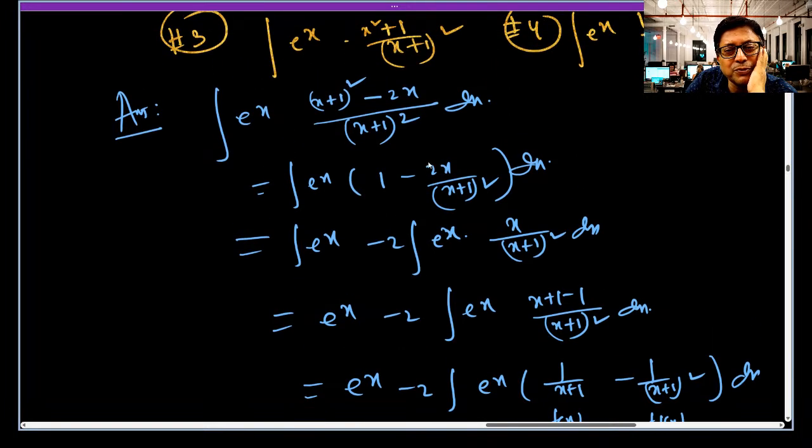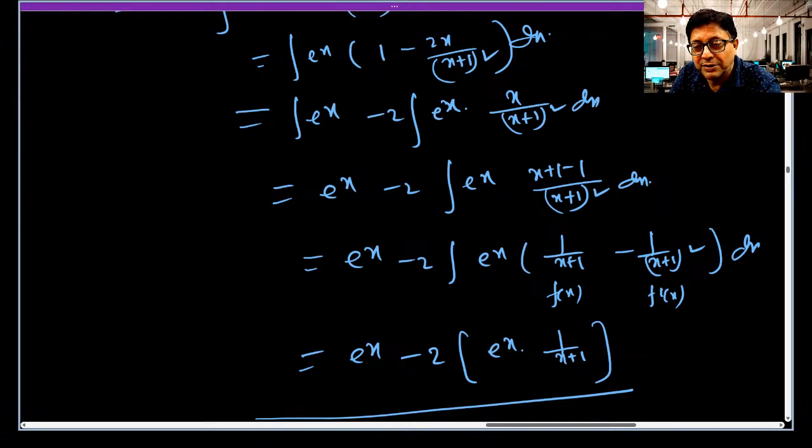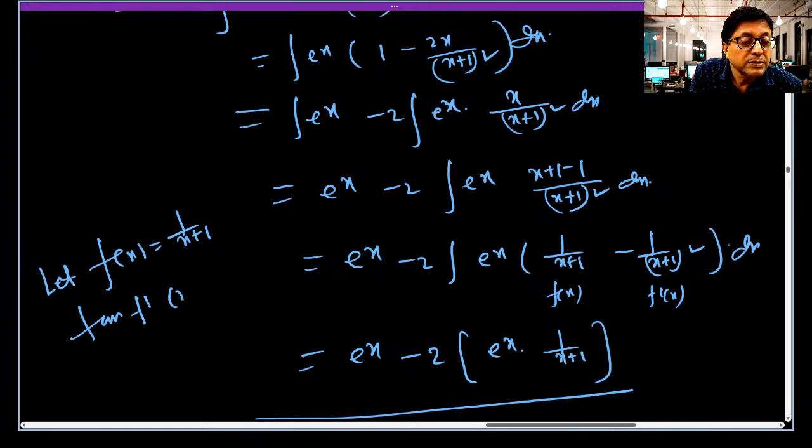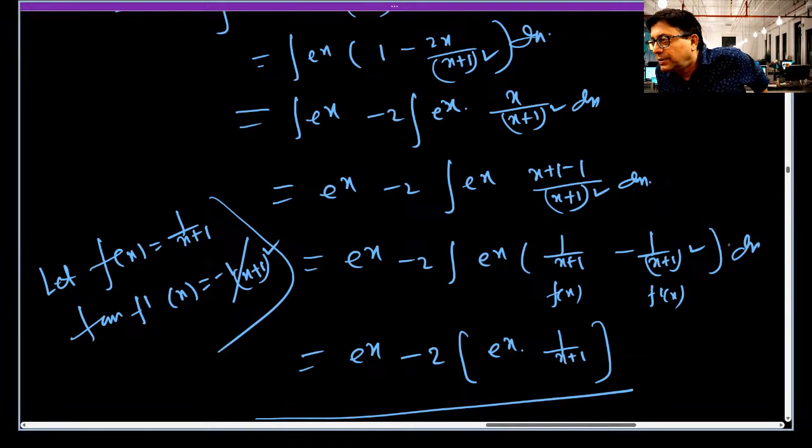Split this one as sum of two integrands, minus 2 outside, use (x plus 1) minus 1 in the numerator and (x plus 1) whole square here, then separate and then find which one is f(x), which one is f'(x). If you take f(x) equal to 1 by (x plus 1), then am I correct? Done?